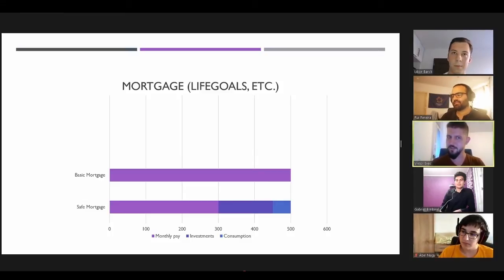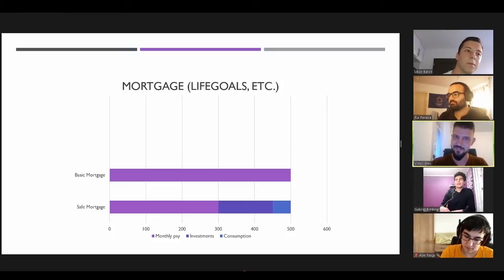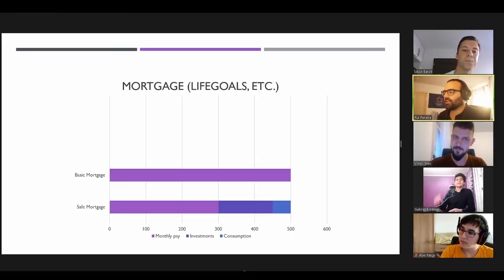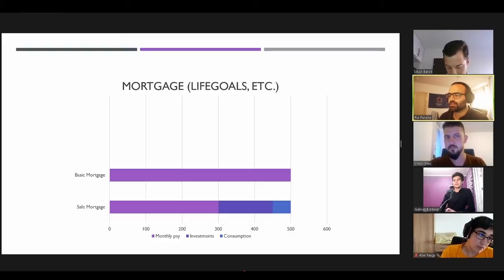A kid costs 600 euro per month. It's a pretty huge amount. Yeah, but it's not every month. When he goes to the university, it will cost to pay for the university. When he goes to school, it will cost this and that. It's not a fixed amount all the time.